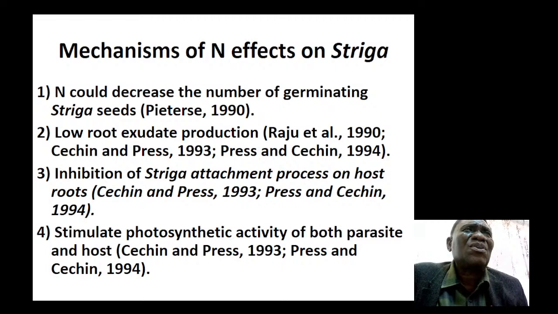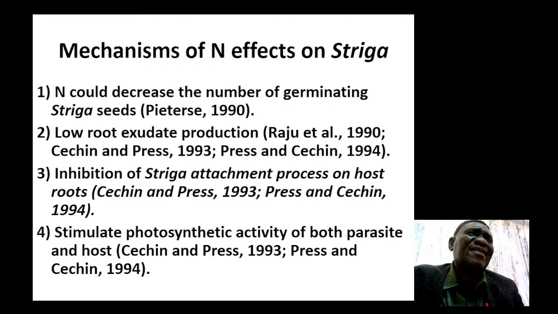Nitrogen could decrease the number of germinating striga seeds, as reported by Peters in 1990, or there can be low stimulant production or low root exudate production, as reported by these authors. There can also be inhibition of the striga attachment process on the host root.